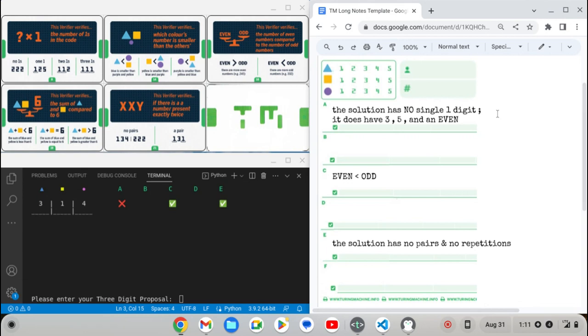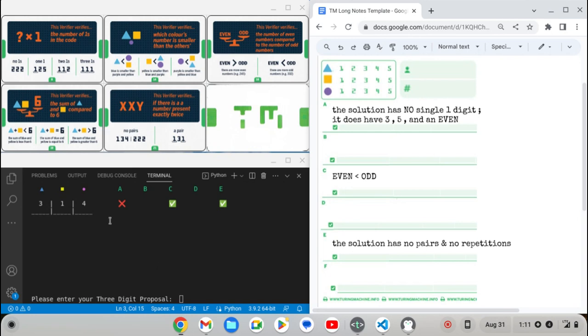Okay, now I don't know the order or which one, but we do know that there has to be a 3 and a 5 since we do have a majority of odds. If there's no 1, then you need to have the 3 and the 5. And of course, that third digit must then be an even.